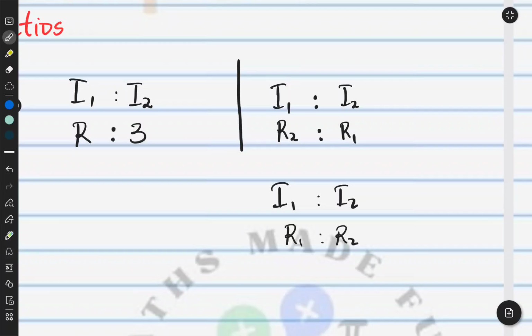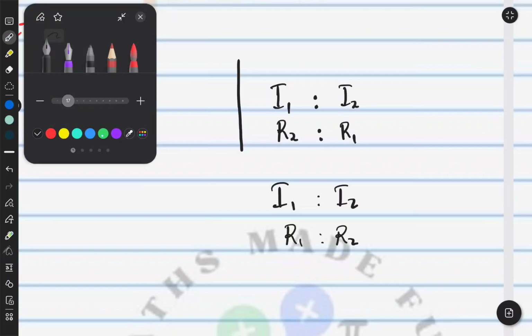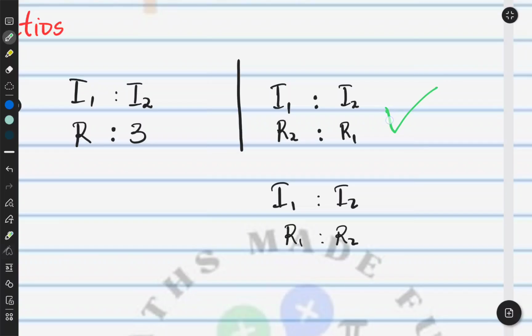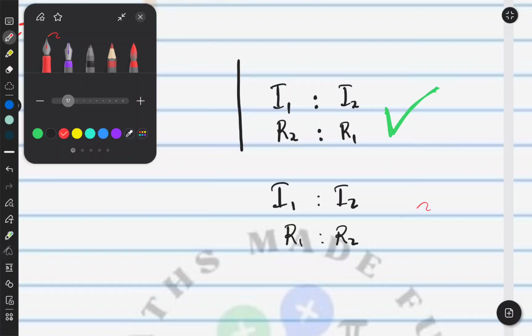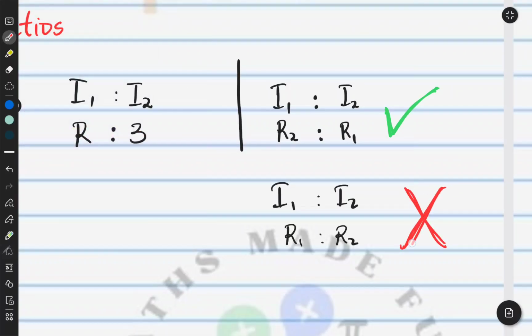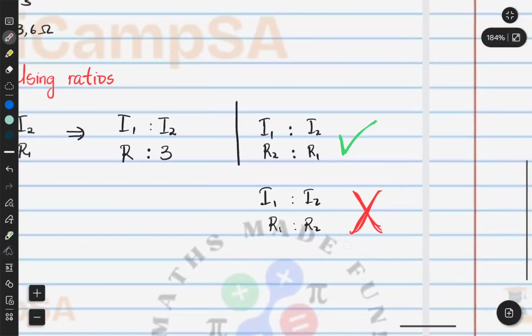What you would be saying is the one that has the highest resistance will receive the highest current, and the one that has the lowest resistance will receive the lowest current, which is not true. So it's opposite, right? That's why whenever we take the ratios, we flip the resistors. So in essence, this is the correct way of doing it, and this is the incorrect way of doing it. So take note, have a mental note.